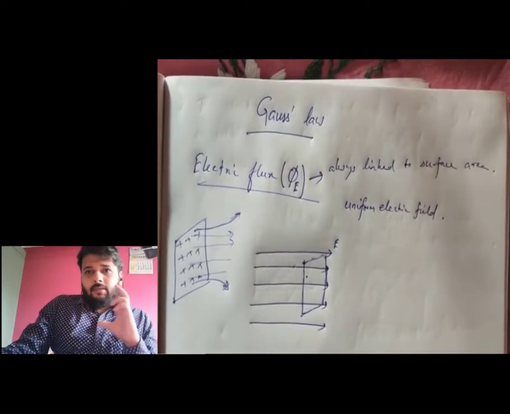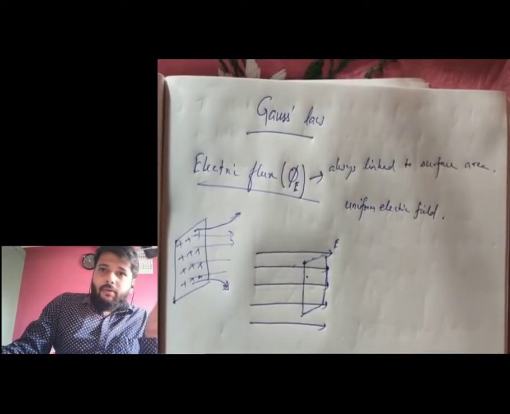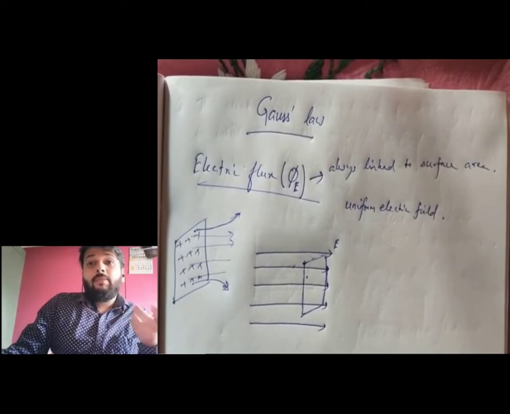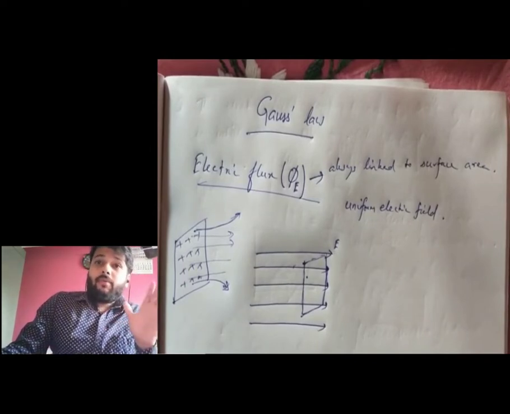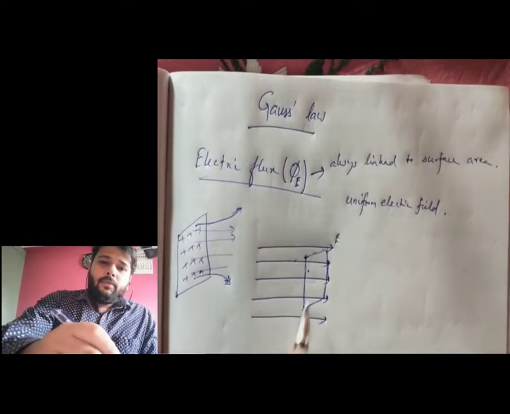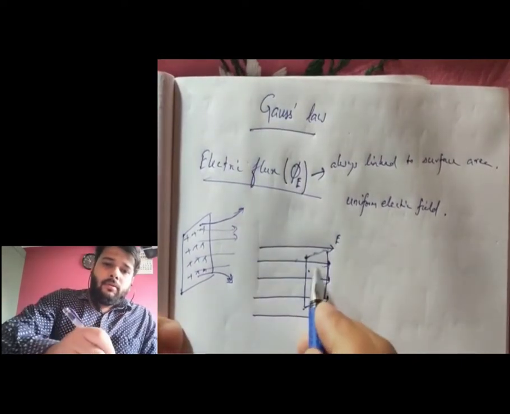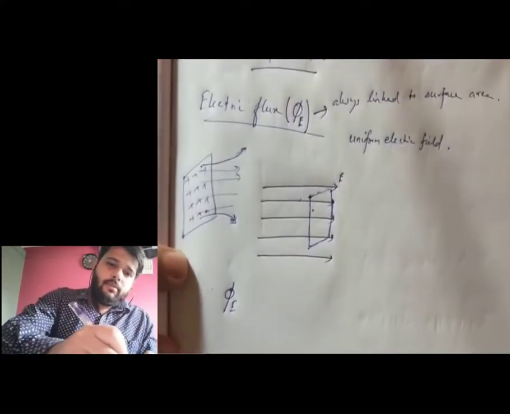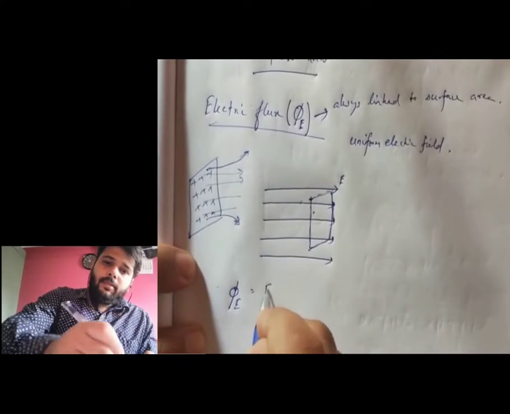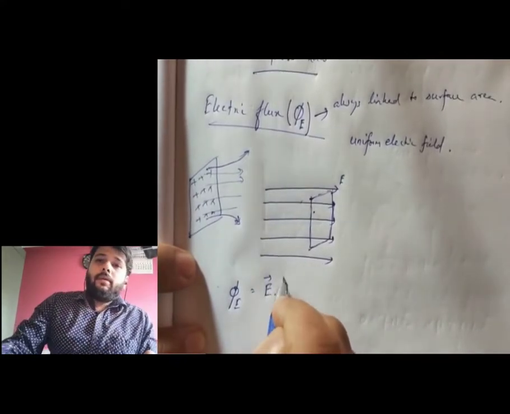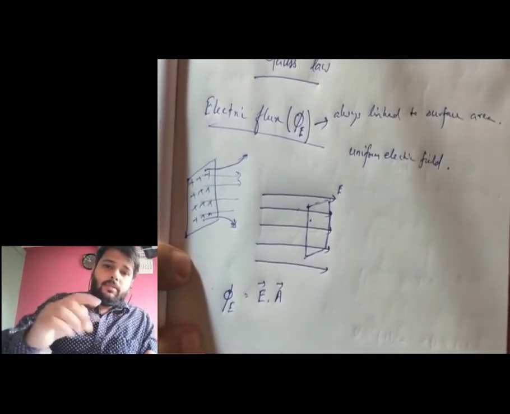Whenever we place a surface within an electric field, the concept of electric flux evolves from there. We write electric flux as phi E equal to, there must be an electric field and there must be an area, because there must be a surface area.